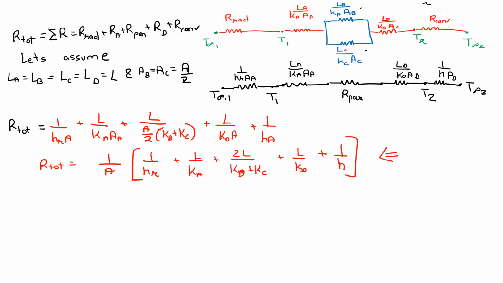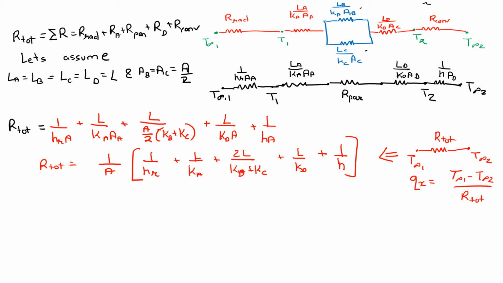This will be your total thermal resistance between T infinity 2 and T infinity 1. And if you need to find the heat transfer rate, it will simply be Qx equal to T infinity 1 minus T infinity 2 upon R total, and that's it.